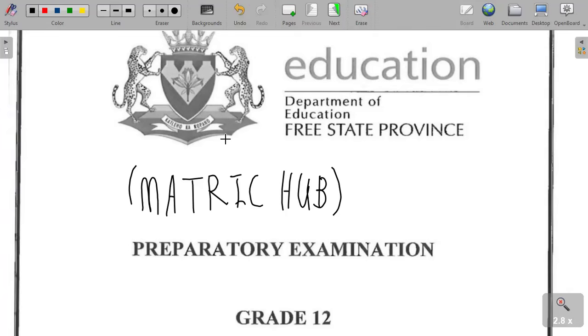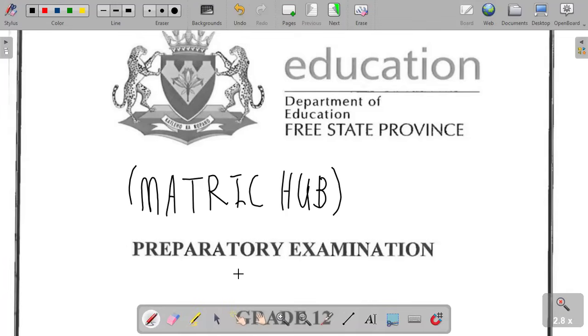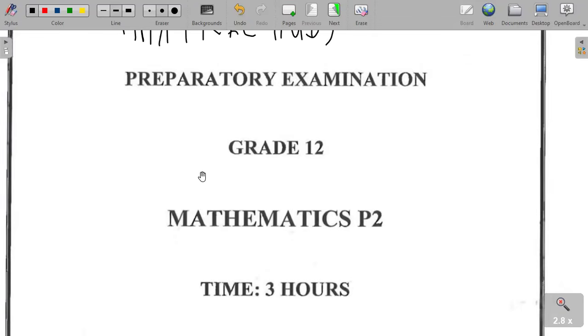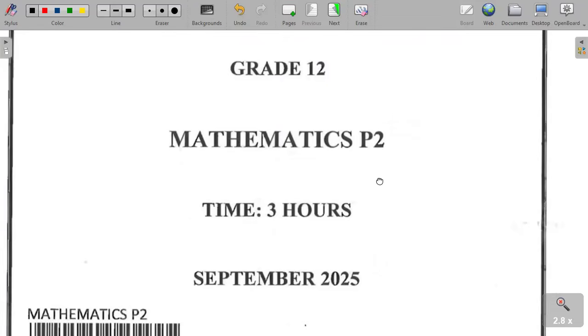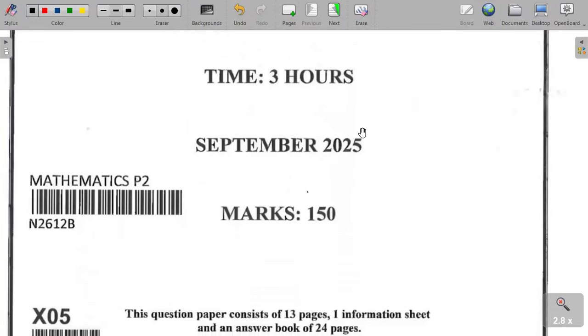So what we have here today, we're going to do Mathematics Paper 2. This paper is September 2025. You can see the marks are 150, just like the final exam.